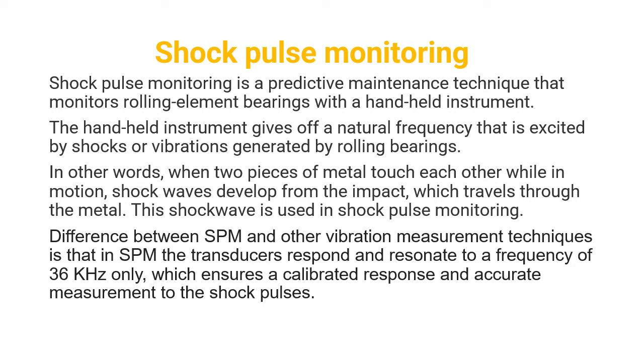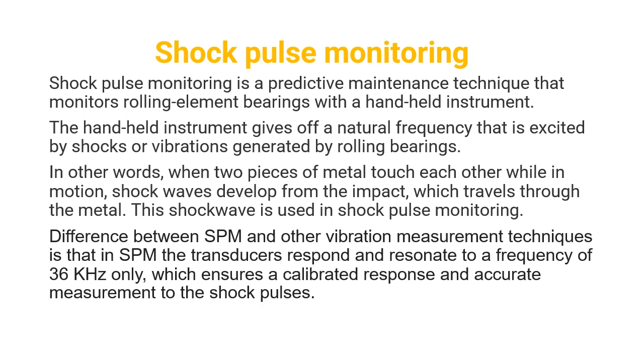The difference between shock pulse monitoring and other vibration measurement techniques is that in shock pulse monitoring, the transducer responds and resonates to the frequency of 36 kHz only, which ensures a calibrated response and accurate measurement of the shock pulse.